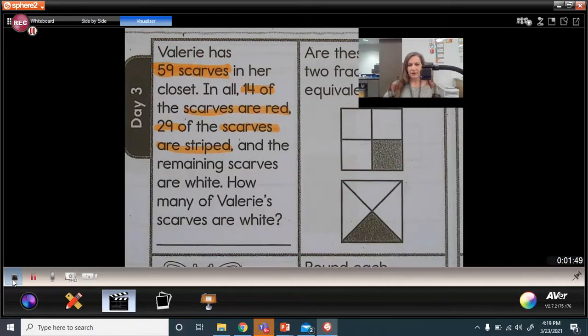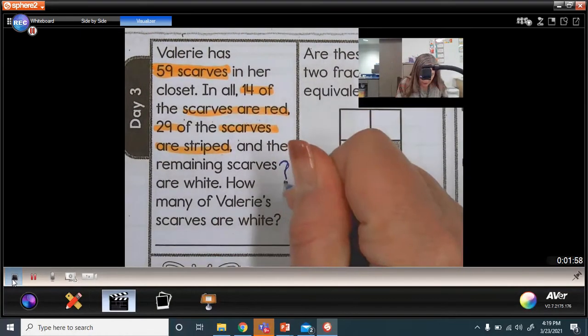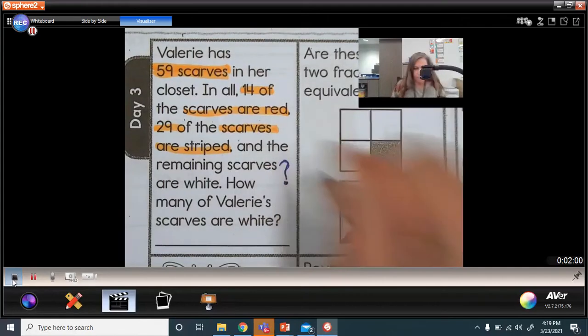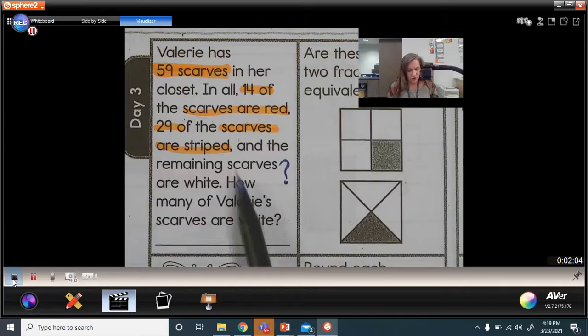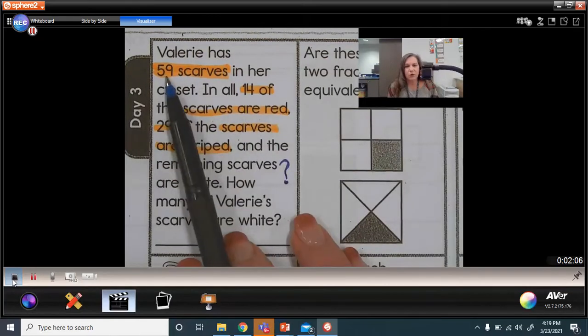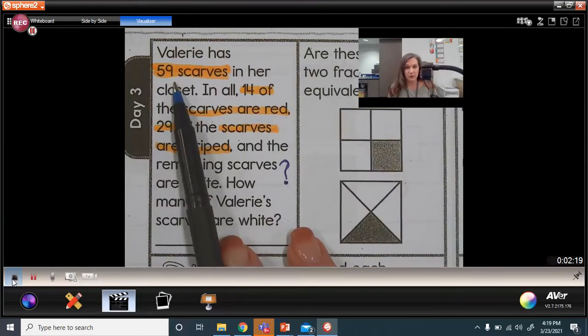Now, it's telling me my remaining scarves are white. So what does that mean? Well, I don't know how many scarves are white. That's what I'm trying to find out. But when I do find out, they should add up to the total of 59 scarves. So I'm missing part of this total here.